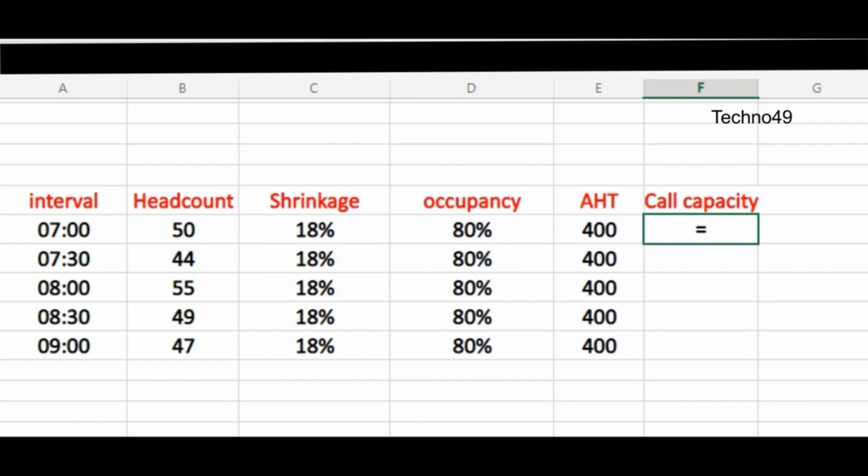So to calculate the call capacity, we know that we have the head count, which is 50, multiplied by interval available time. So we have an interval of 30 minutes, which would be equivalent to 1800 seconds.